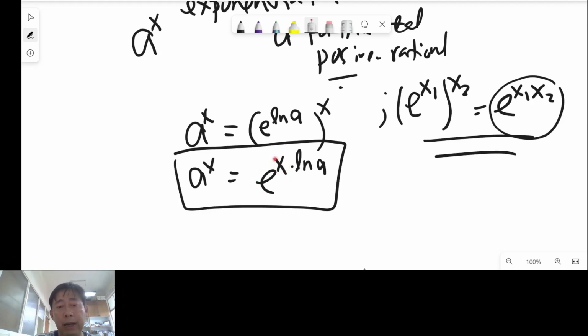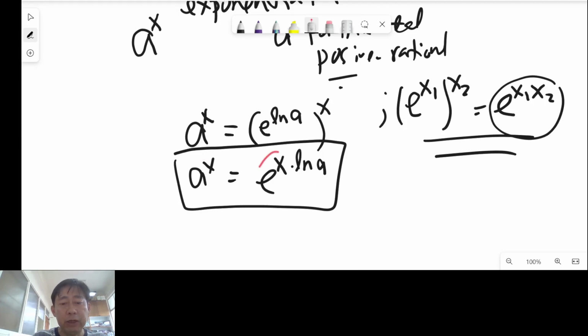Without this definition, you could not raise a to an irrational number. And a here could be just any number, and it is defined for all positive numbers a, rational or irrational. So anyway, this is a generalization of the exponential function that allows the powers x to include irrational numbers.